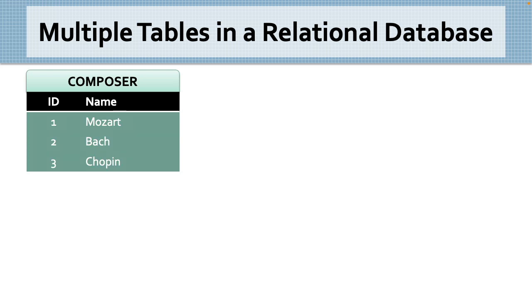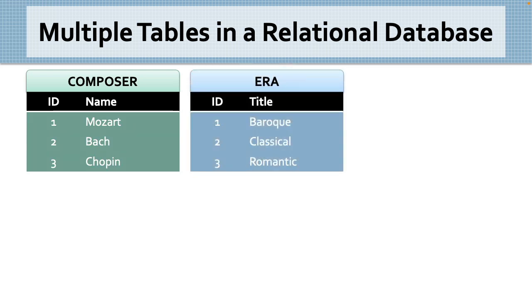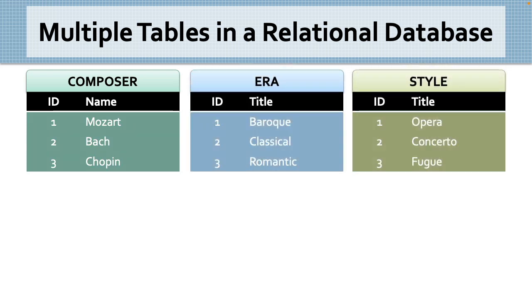Splitting entities out into separate tables for composer, era, and style lets us enter and store each value only once, which guarantees consistency. How many times would we enter Mozart's name in a system structured like this? Only once. Likewise, each era and each style is entered and stored only once in its own table.